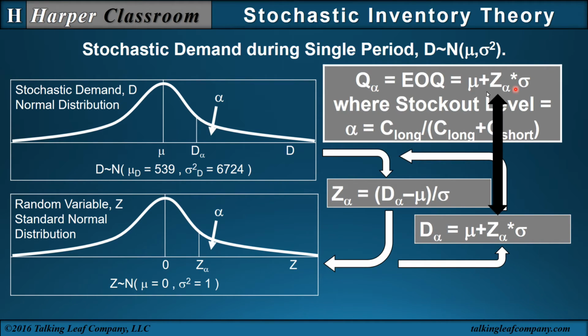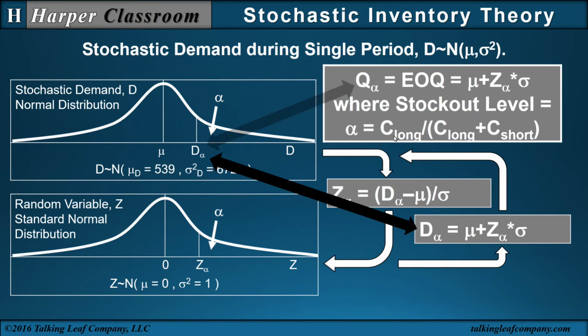Notice how this expression and this expression are the same. And so the random variate d here is essentially the same as the q. And so the q is nothing more than the number of standard deviations above the mean of the normal distribution of the random variable. Another way to look at it, since alpha is the probability above that random variate, then 1 minus alpha is the probability below the random variate.